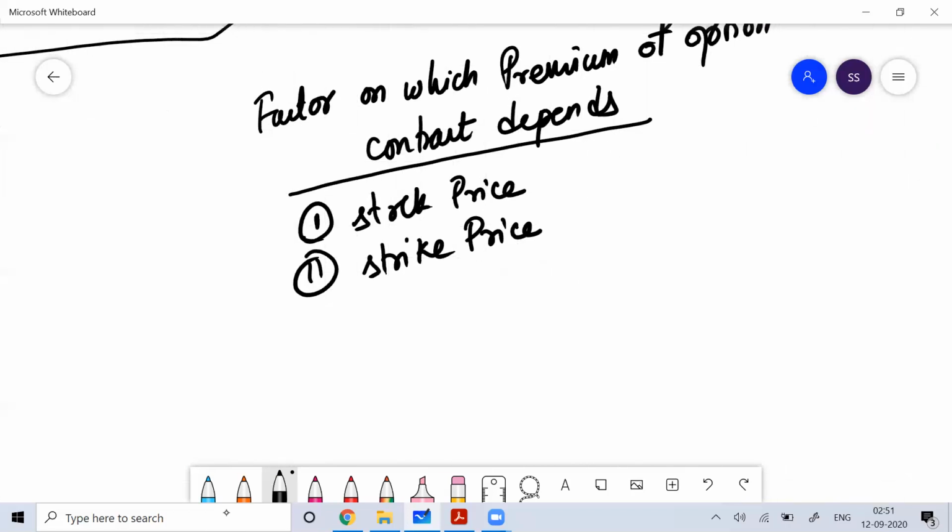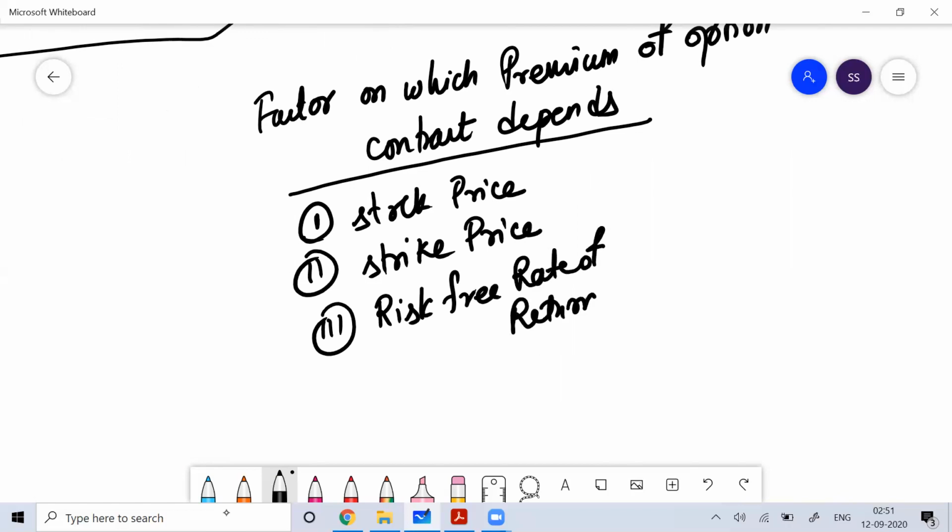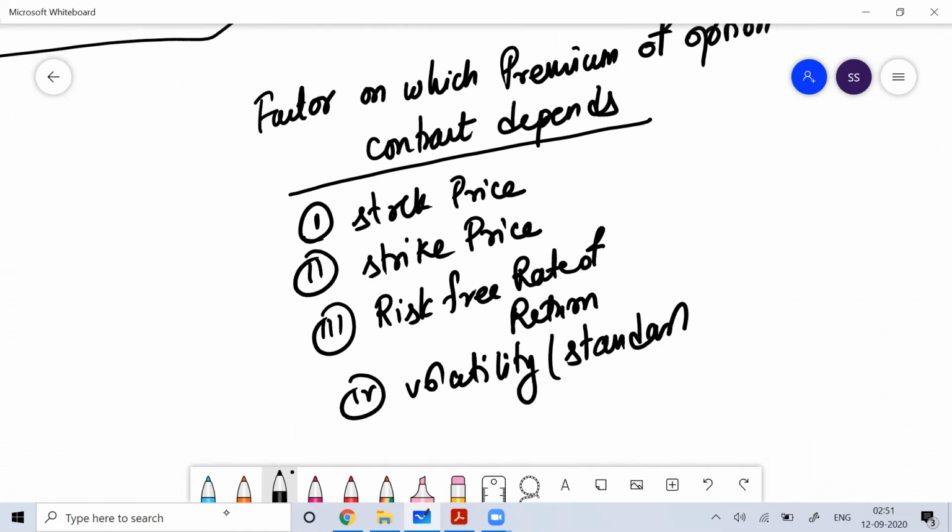Along with that, the option contract depends on a lot of other factors. It depends upon the risk-free interest rate, that is the risk-free rate of return, RF. Then it depends on the volatility, which we measure with a factor called standard deviation.